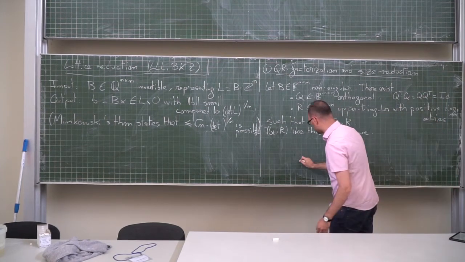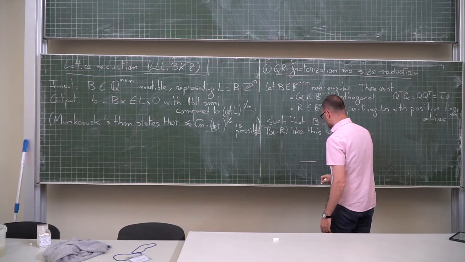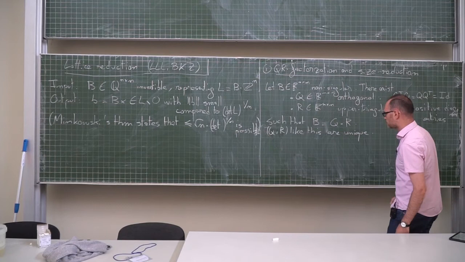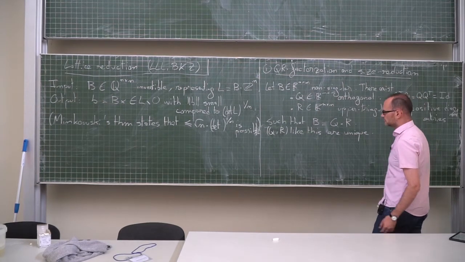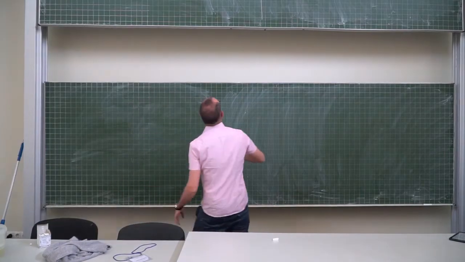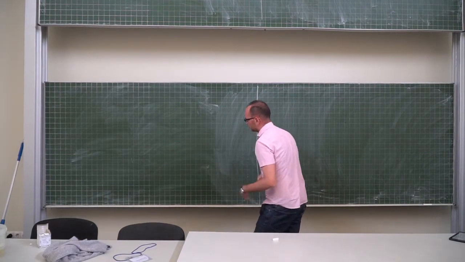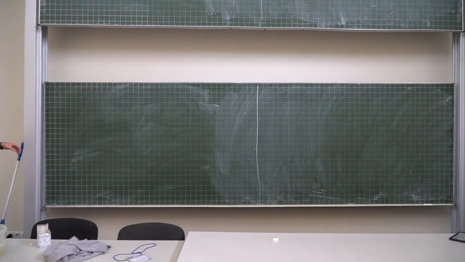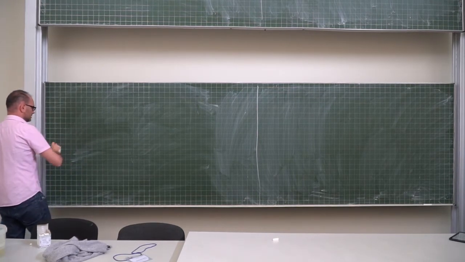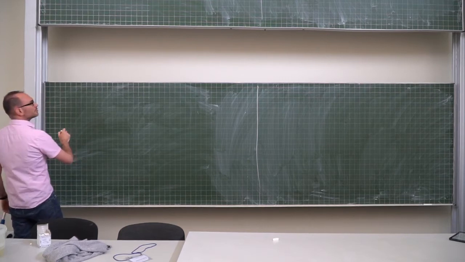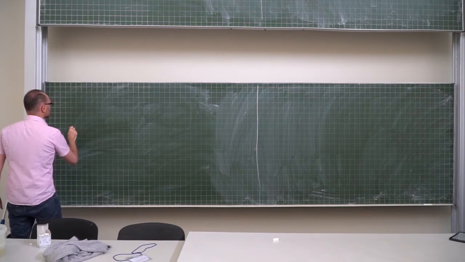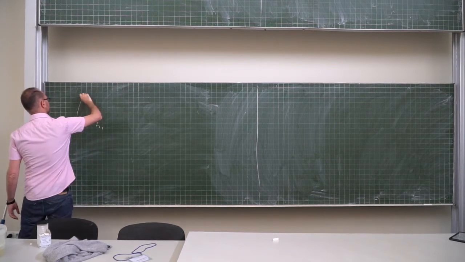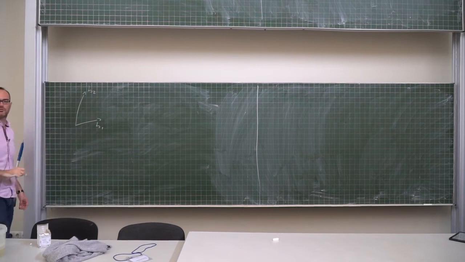Okay, so I start with, I will need a bigger picture. Okay, so let's look at it this way. So say you have b1, first vector, and b2, a second vector.